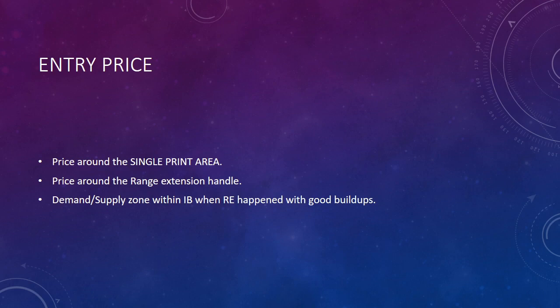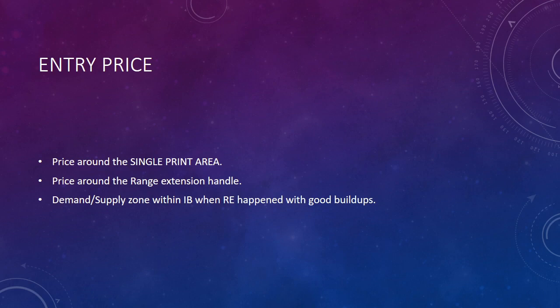And so if there is a single print followed by range extension, the odds of that going positive are high. And if there are no such single prints at the top, but you still get a range extension handle, you enter 50% of your size at the entry price of that extension handle, and the rest of the 50% you would look to enter at a demand or supply zone within the IB.